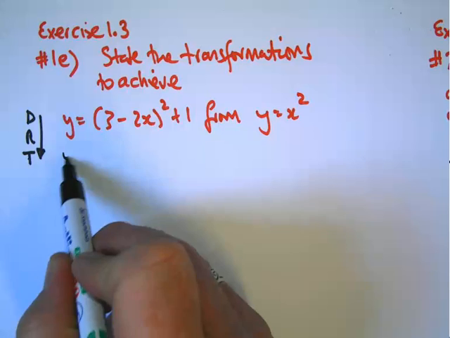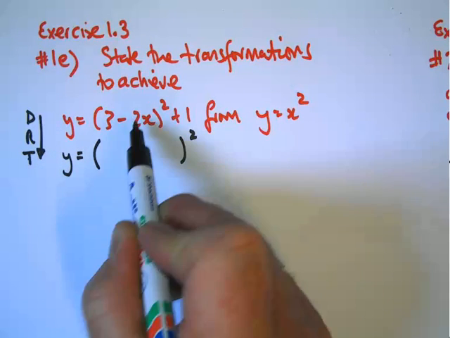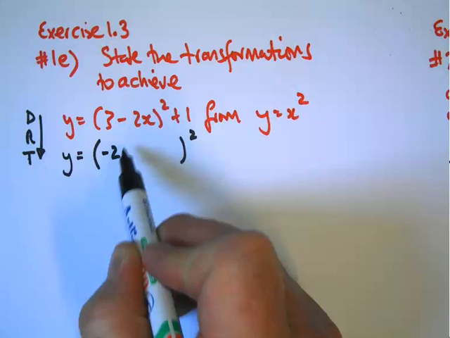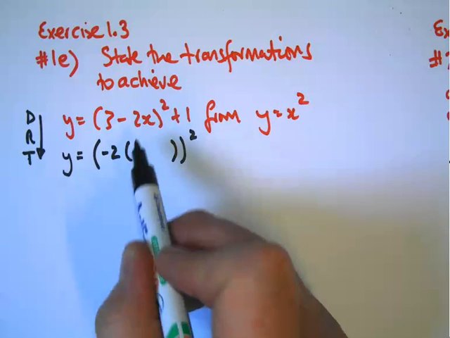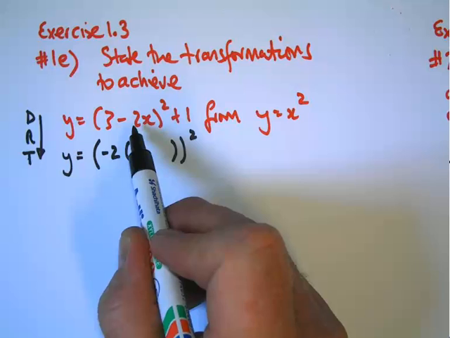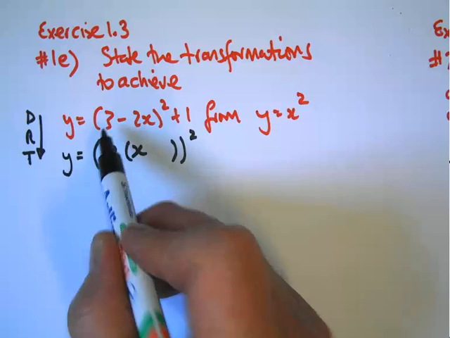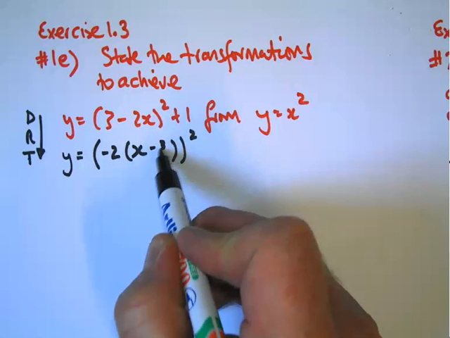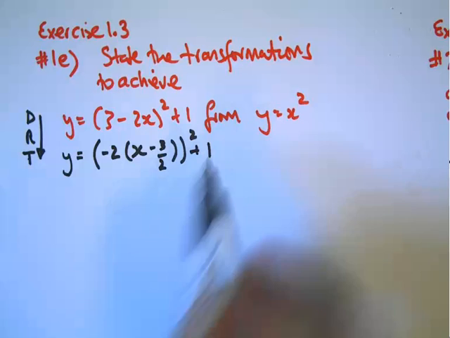So I've got y equals, and I'm going to bring out the minus 2 outside of that bracket. If I take a common factor of minus 2 out of minus 2x, the x becomes positive. If I take a common factor of minus 2 out of the 3, I'm going to get minus 3 on 2. And then I'm going to have my plus 1.